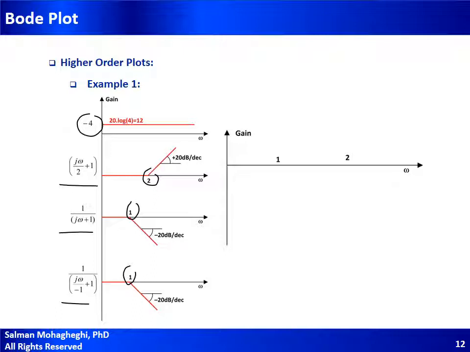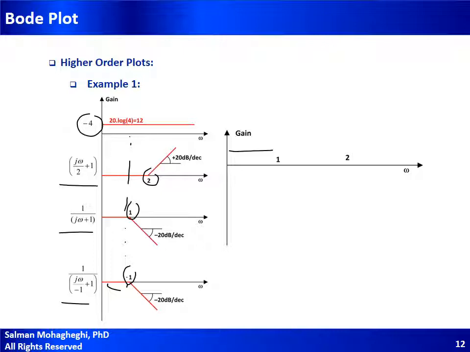So before I get to 1, nothing exciting happens, because I would be essentially adding this portion of all the plots together. I have a 12, which I add 0 to, 0 to, and 0 to. So before 1, I will have 12.